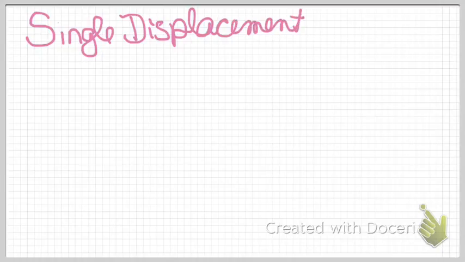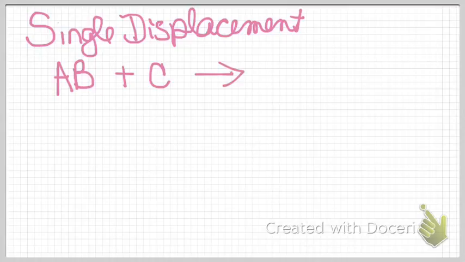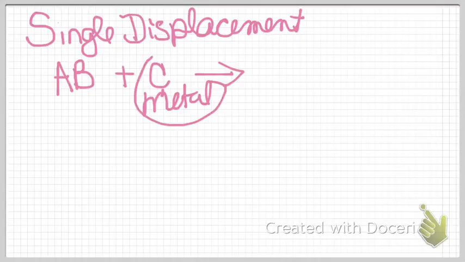In single displacement, you're going to have a single element and a compound. Let's call the compound AB, and let's call the single element C. C comes in, and if C is a metal, which it most of the time is, it's positively charged, so what's it going to come and take?